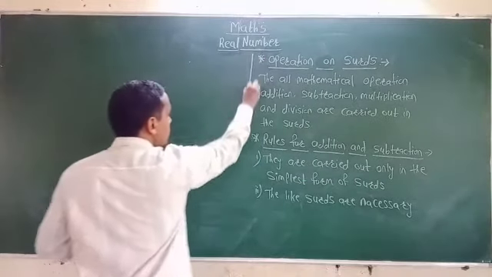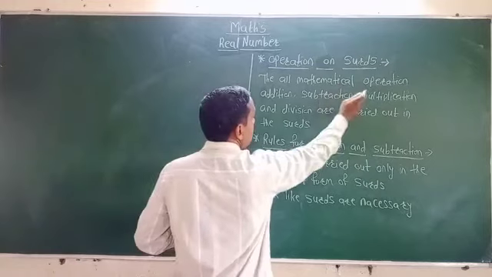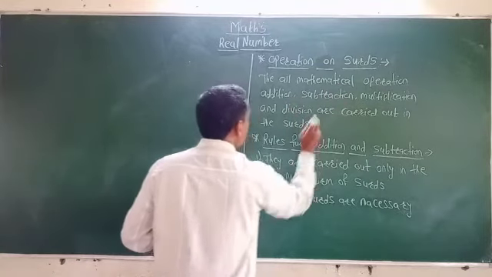So the second is the rule for multiplication and division.